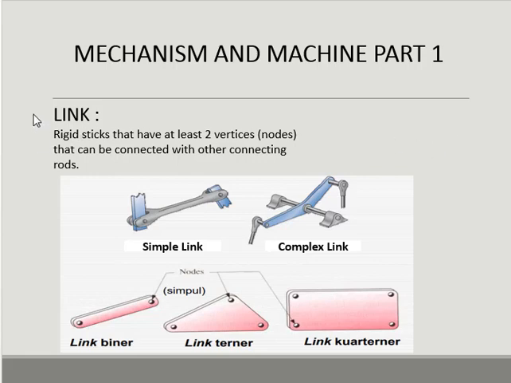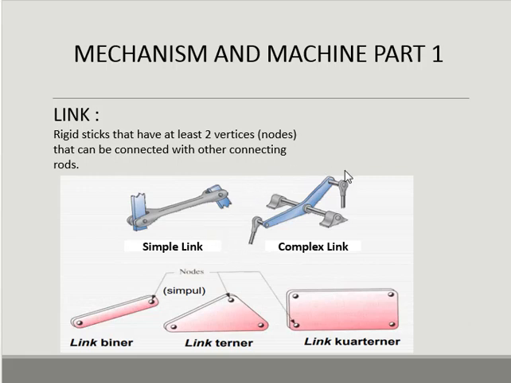A link is a rigid stick that has at least two vertices or nodes that can be connected with another connecting rod. For example, this is a simple link. A simple link has three links and two joints, like this.